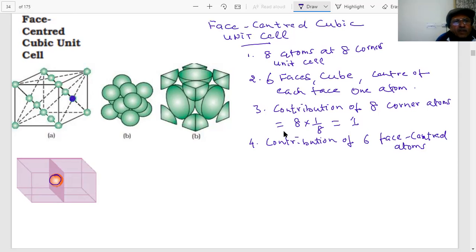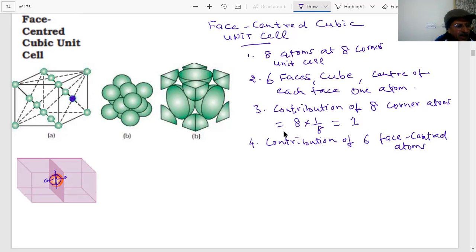If there is a unit cell, there is another one here, that's all. So half will be on this side and half will be on the other side. You can see that. So the face is shared by 2 unit cells. The atom at the center of the face is shared by 2 unit cells, students.